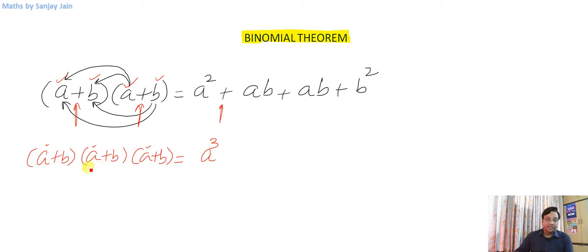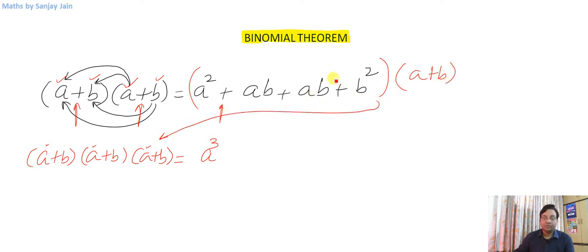Or what you can do is you can think about this like this: you multiply this with (a plus b), right, to obtain this. So now you multiplied this a with this a, now this a will come, so this will get multiplied with this one to give you a cube. So this is what we are thinking in these three brackets.